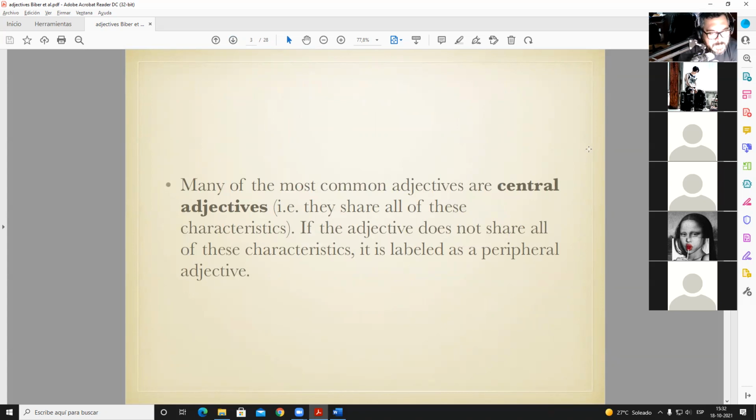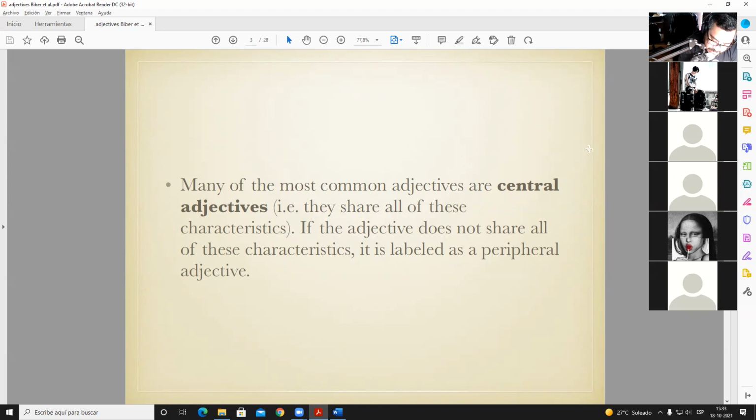Many of the most common adjectives are central adjectives. New term, write it down, central adjective. That is to say, they share all of these characteristics. Okay, so adjectives can be separated into central and peripheral.